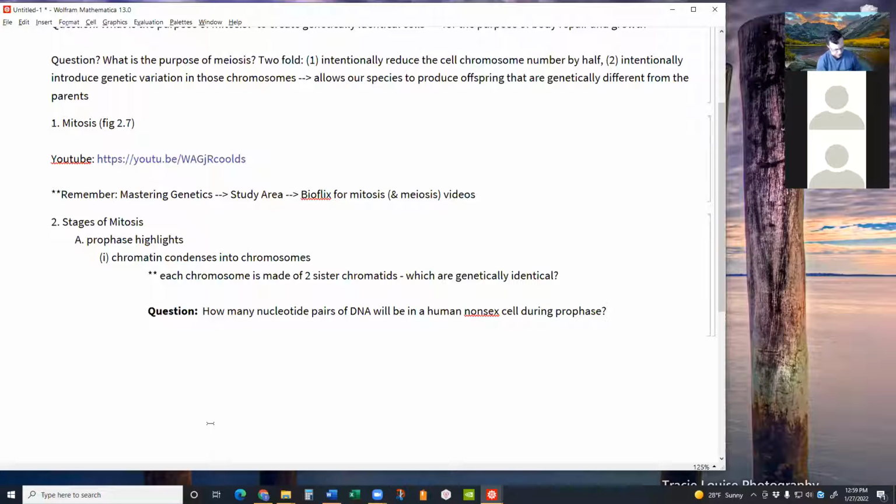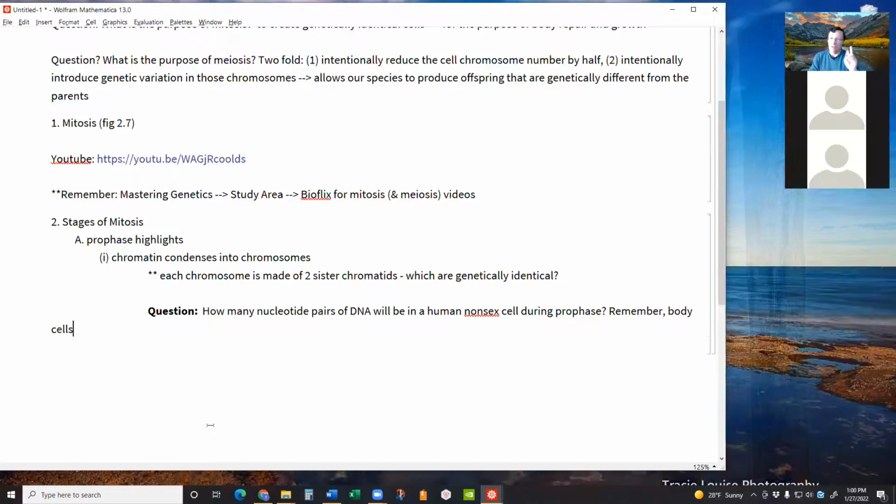So why is that the case? Let's think about that. Remember, body cells, and I say body cells, I'm specifically referring to cells of your body whose job it is not to make sperm or egg. So non-sex cells. Body cells start out as diploid. Why? Because that body cell ultimately came from 23 chromosomes from your mom and 23 chromosomes from your dad, a long time ago, before you were ever born.